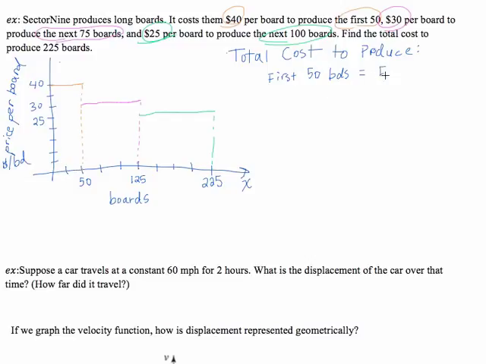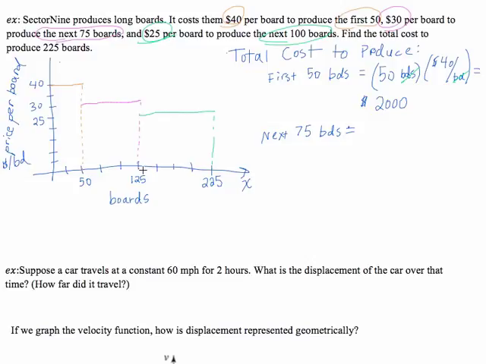So the number of boards is 50 times the price per board is 40. I'm going to include units just on this one: 50 boards times $40 per board. Just because I wanted to show you the boards units cancel and you're left with dollars. So 50 times 40 is $2,000. Then the cost to produce the next 75 boards, that's this 51st board through the 125th board.